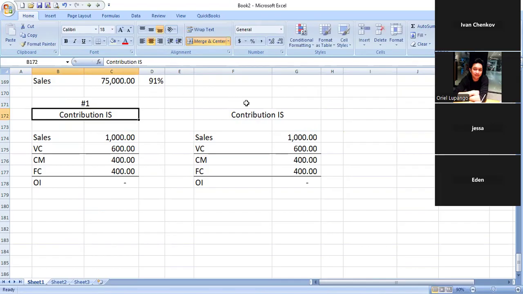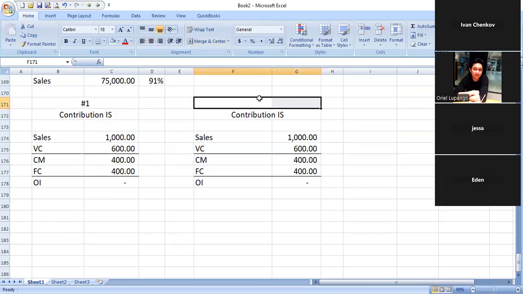And then we're going to have company number two. Let's say company number one highly depends on the variable cost, whereas company number two highly depends on the fixed cost.